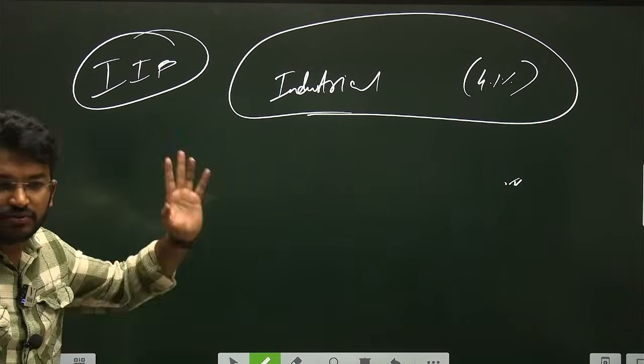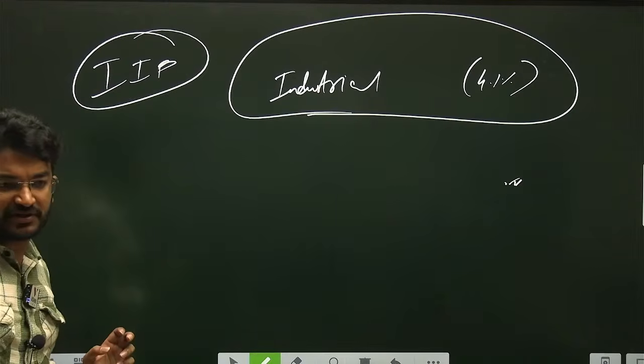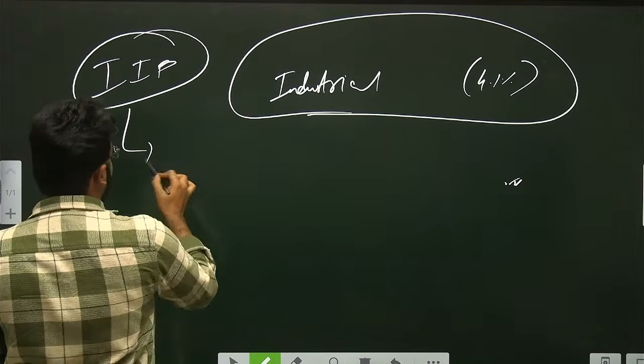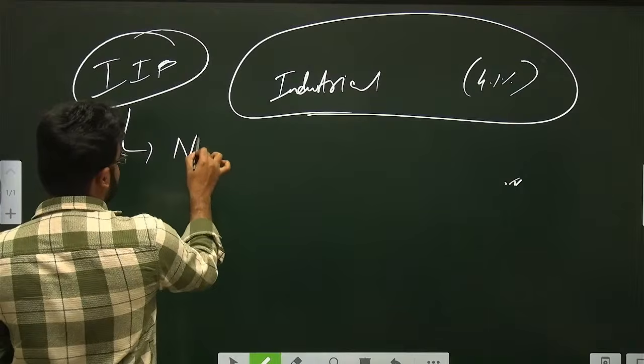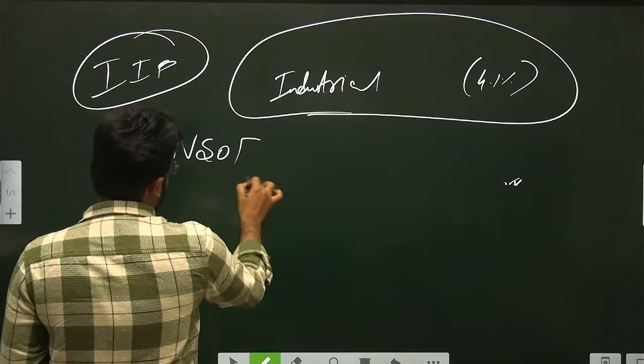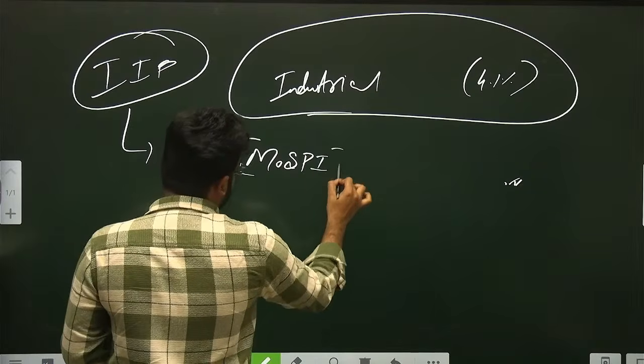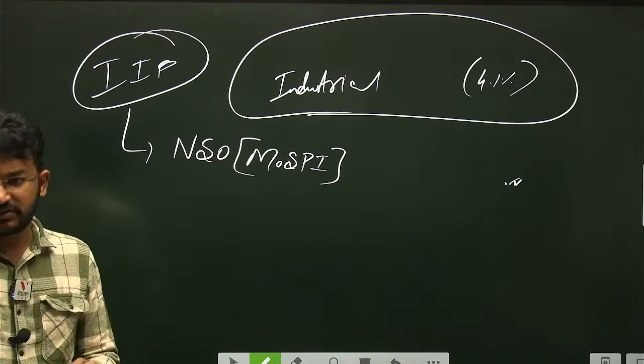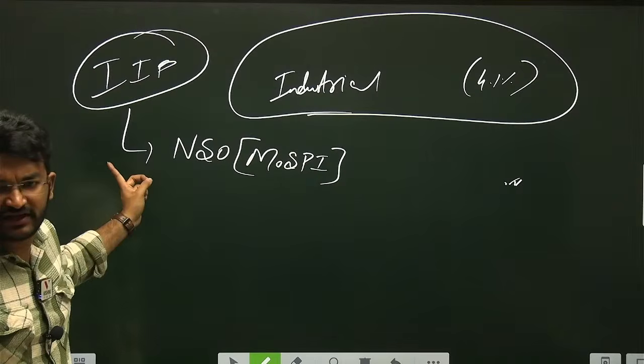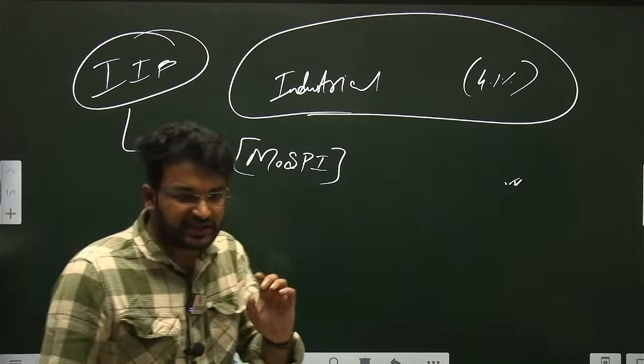Now, this Index of Industrial Production is released by an organization called the National Statistics Office under the Ministry of Statistics and Programme Implementation. Now there is a catch here. I hope you have heard about NSO earlier when we discussed it.